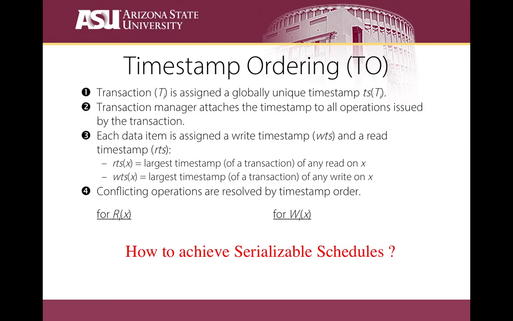One is called the read timestamp, RTS, of item X, and the other one is called the write timestamp, WTS, of item X. When I say the read timestamp of data item X, I mean the largest timestamp of a transaction that has read X. The same for the write timestamp: it is the largest timestamp of a transaction that has written something to X. This is what it means.